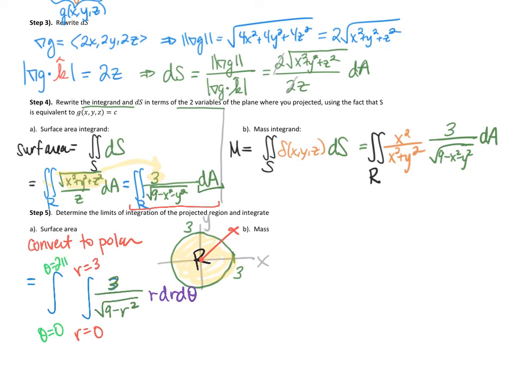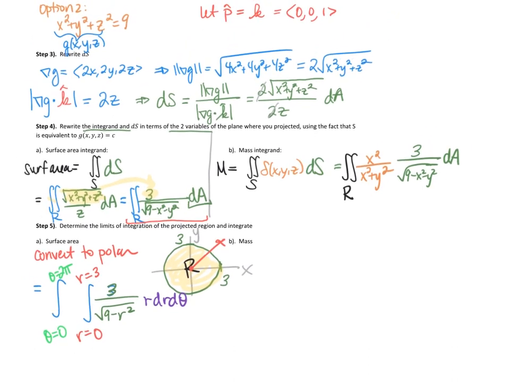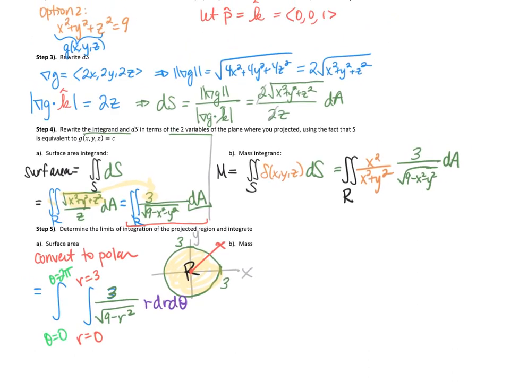Okay, and now we're ready to integrate, and we can see we can use a u sub with this, and in fact we can even decouple because now I have bounds that are all constants. So let's do that, and we'll see how we get back to what we should have known just geometrically, since this is the surface area of a hemisphere of radius 3. Surface area is 4 pi r squared, so we'd expect this to be 2 pi r squared, half of that.